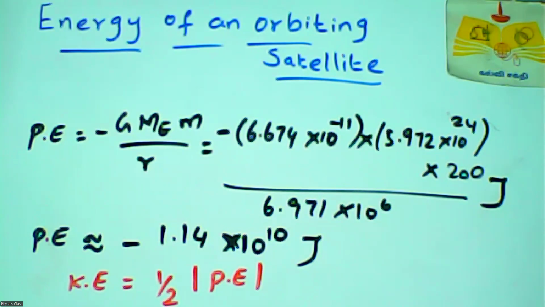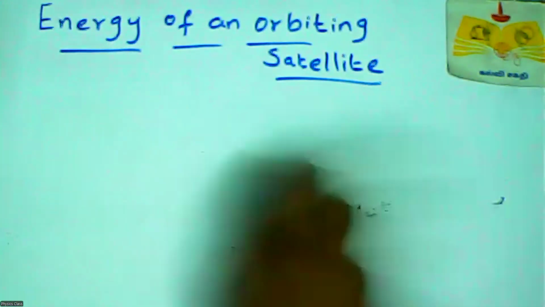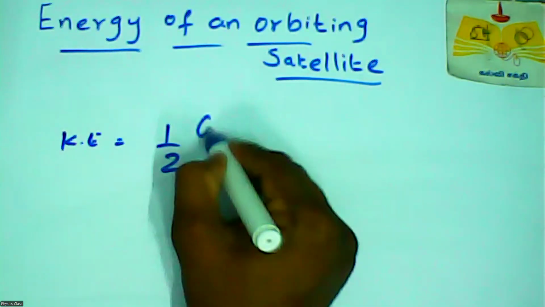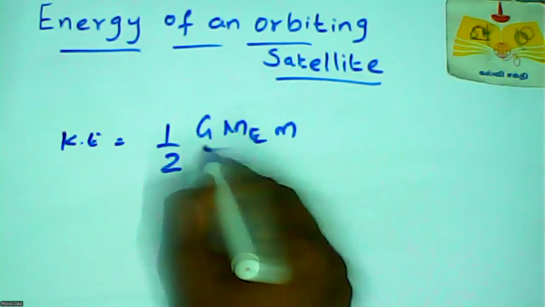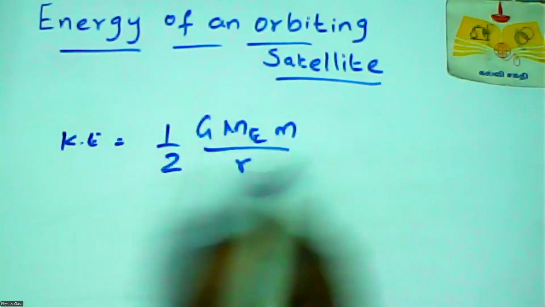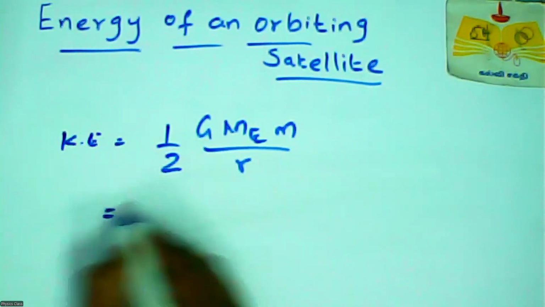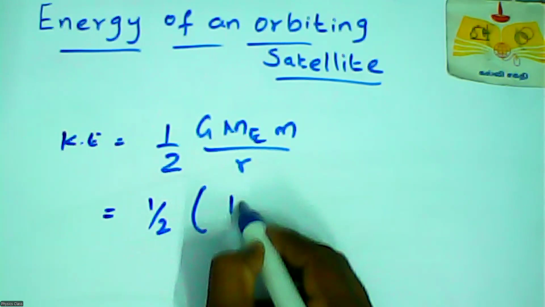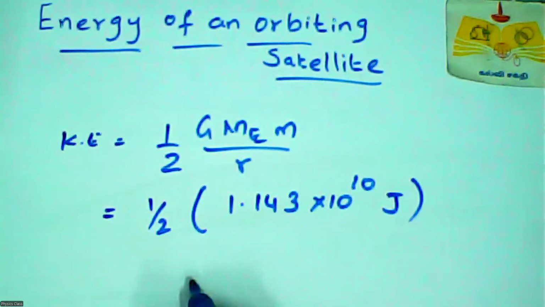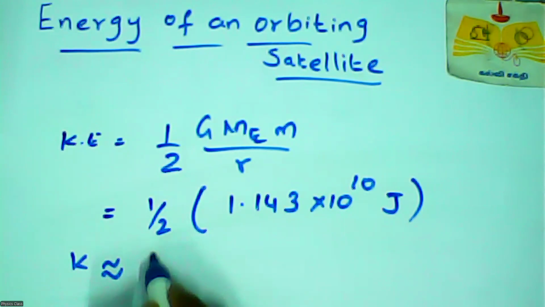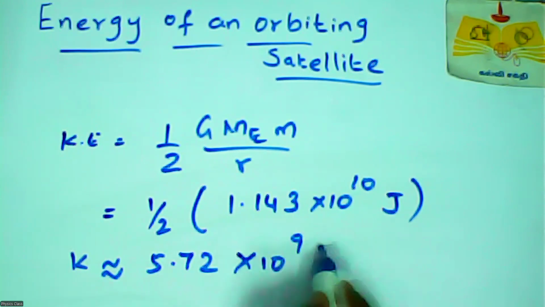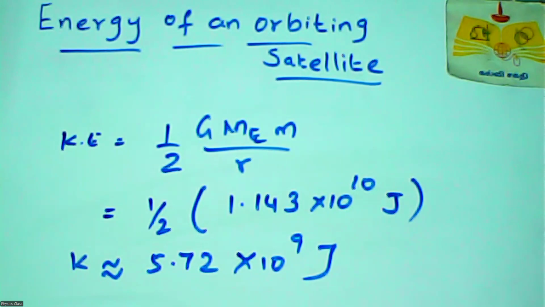So kinetic energy is 1 by 2 G M by R. Already we have the value, 1.143 into 10 power 10 joule. Half of 1.143 gives approximately 5.72 into 10 power 9 joule. This is the kinetic energy value.